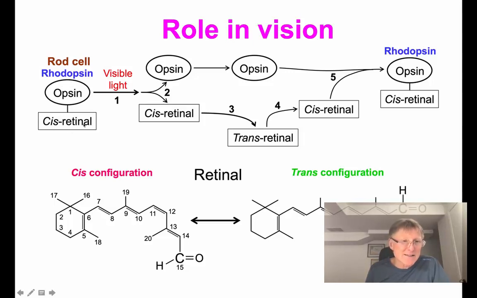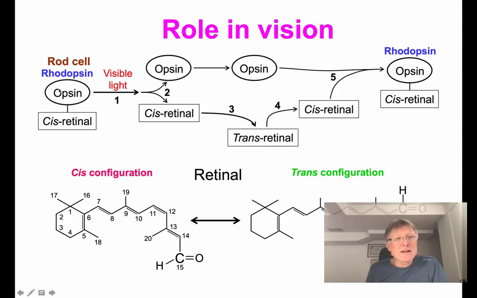As you can see, cis-retinal is one of the active forms of vitamin A. When you are in the dark, when there is no light at all, these two are together.